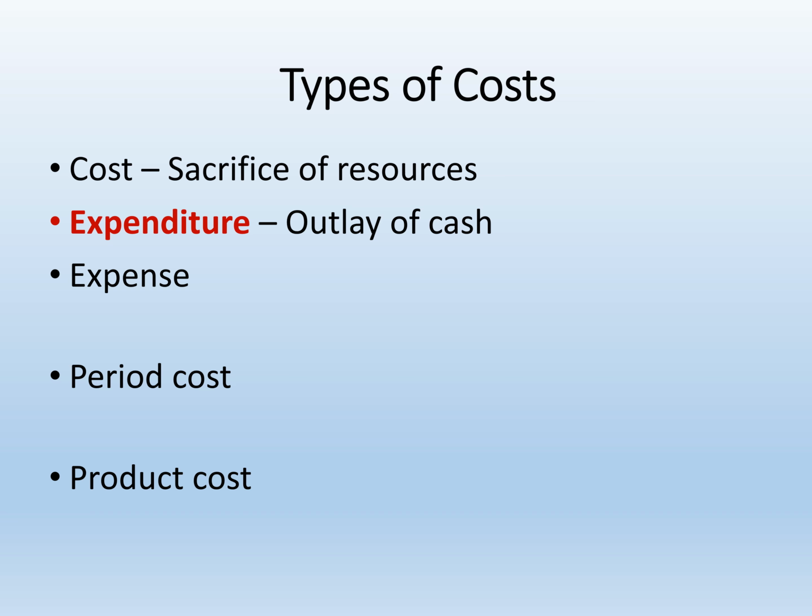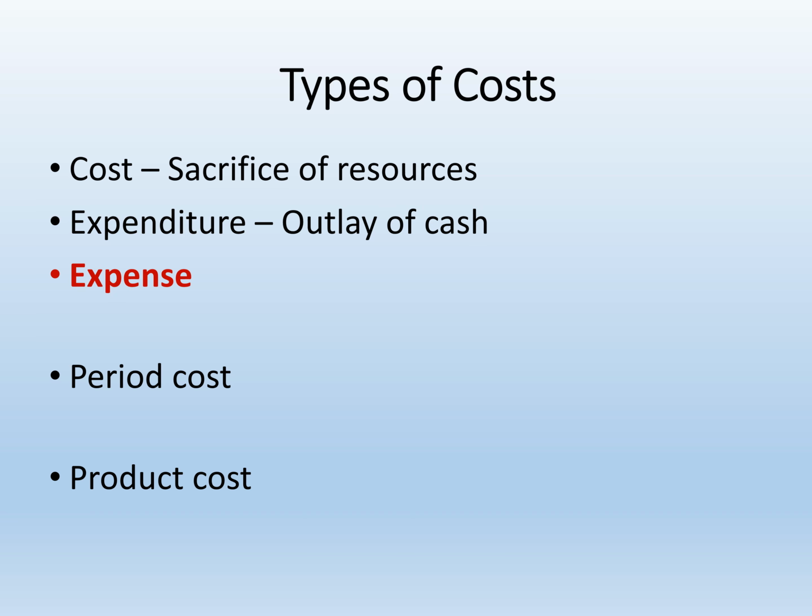It could be spending cash before you get some particular goods or services, or it could be in the moment, or it could be that you get the goods or services before you pay the cash, but when you pay it, it's an expenditure.